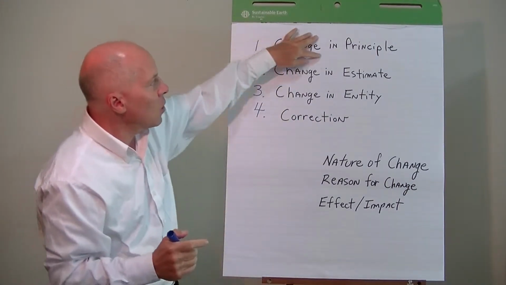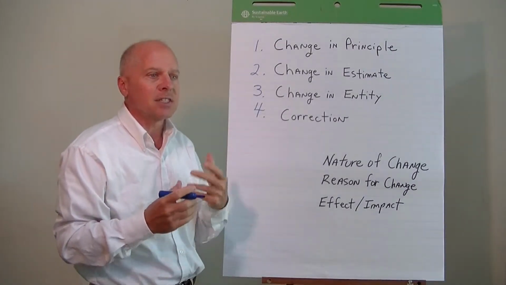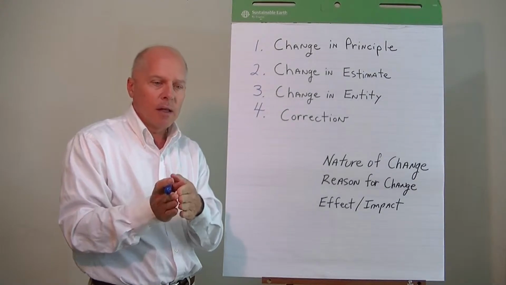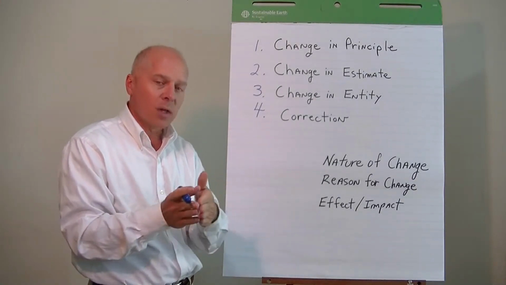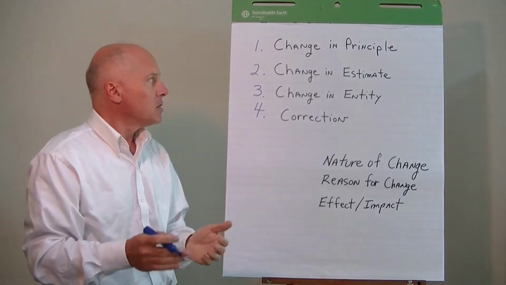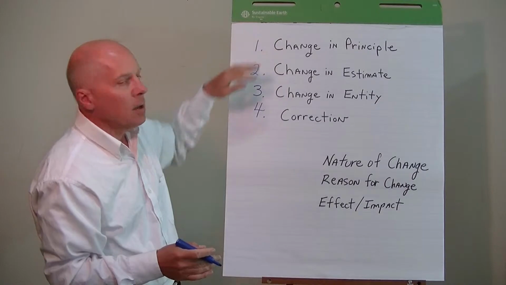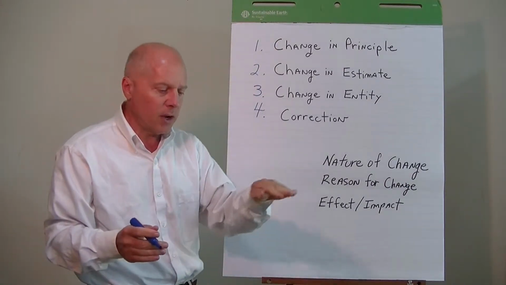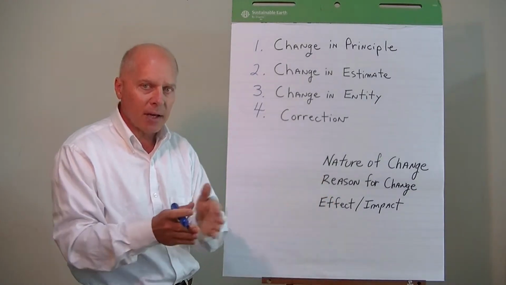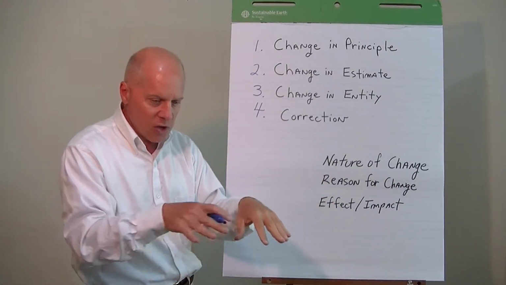What this is going to require us to do is analyze and assess the impact of that change in principle retroactively to see what the impact is on the bottom line net income. You have to analyze and figure out the impact, because as you publish comparative financial statements, the user will want to know, how does that impact the bottom line year to year?